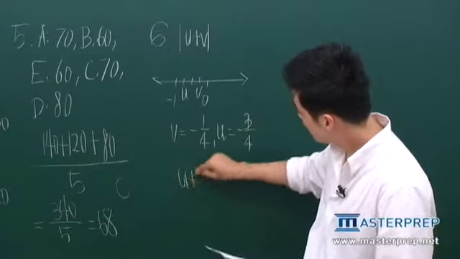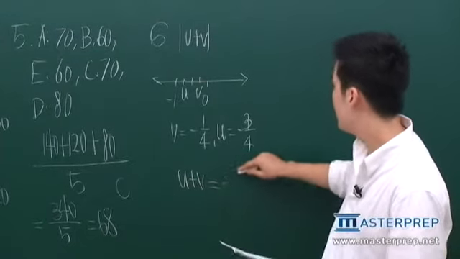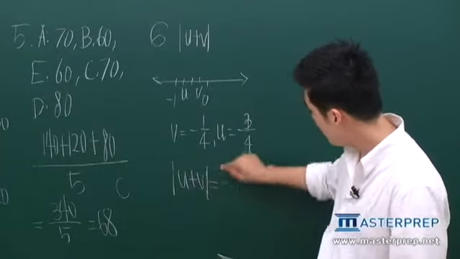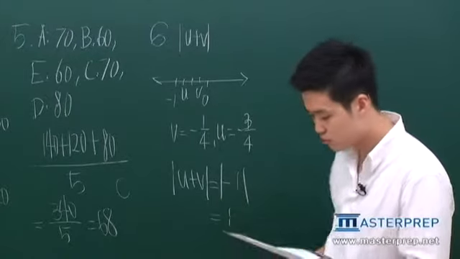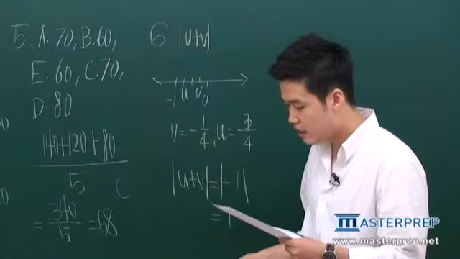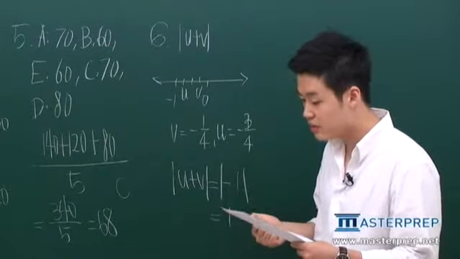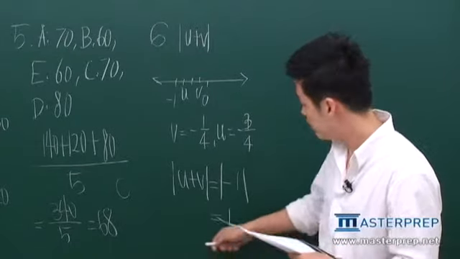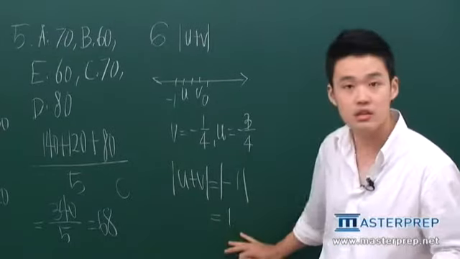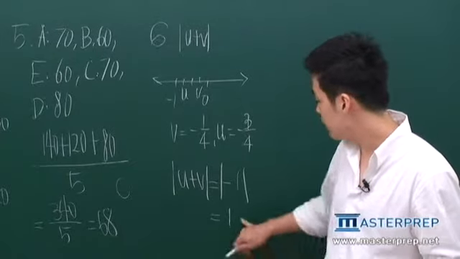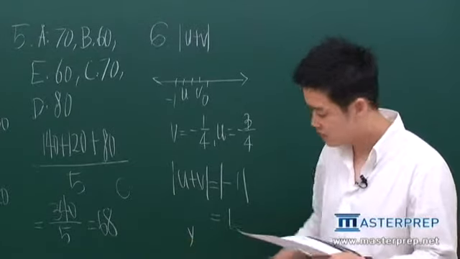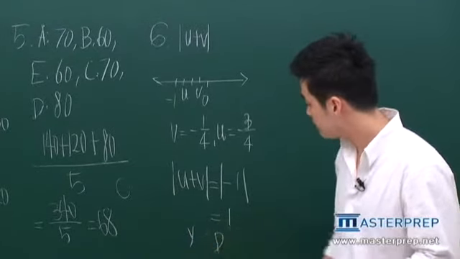So u plus v is equal to -1, but we are taking the absolute value, so it must be equal to 1. The closest point to 1 is y, so y is the answer, which is D.